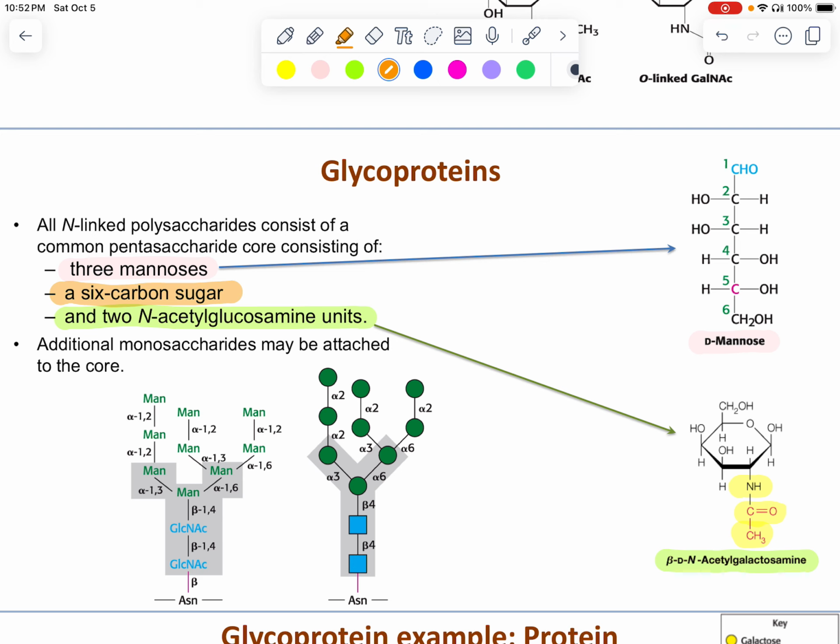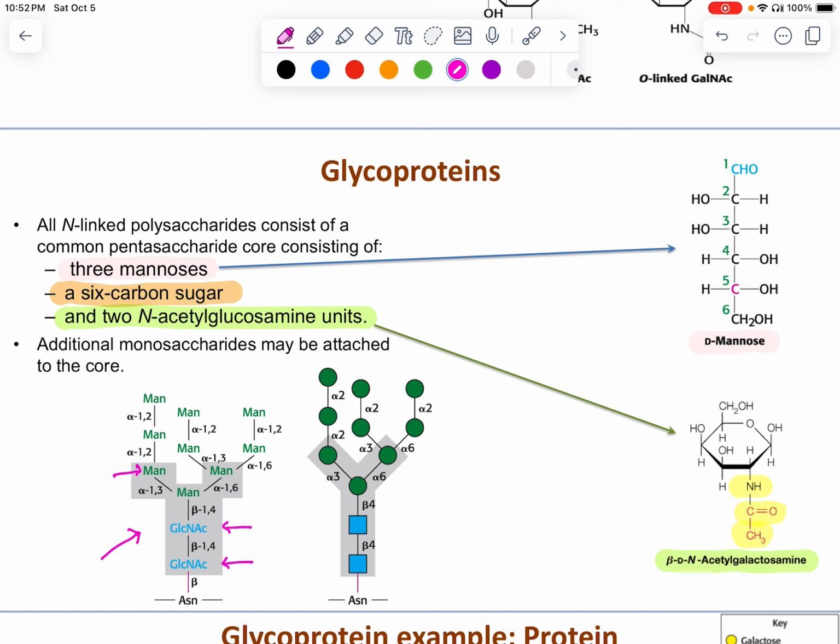So the part highlighted in gray here is that pentasaccharide core. And you can see it essentially always looks the same. We have the acetylglucosamine units, and you'll see that we have a kind of standard abbreviation. You don't need to memorize it. And then we have the mannose, also abbreviated.